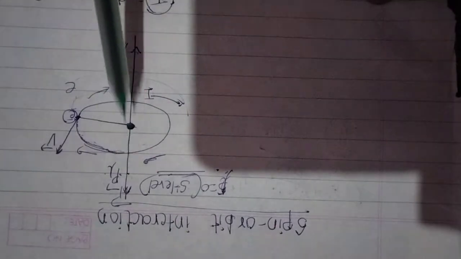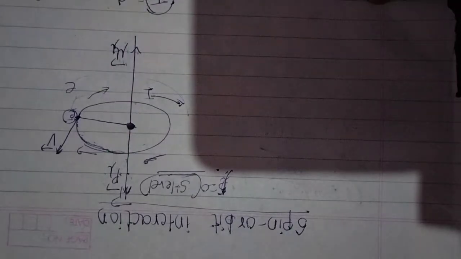Since the charge on the electron is negative, its magnetic dipole moment mu L is antiparallel to P L. These both are in opposite directions as shown in the figure, so they are antiparallel to each other.